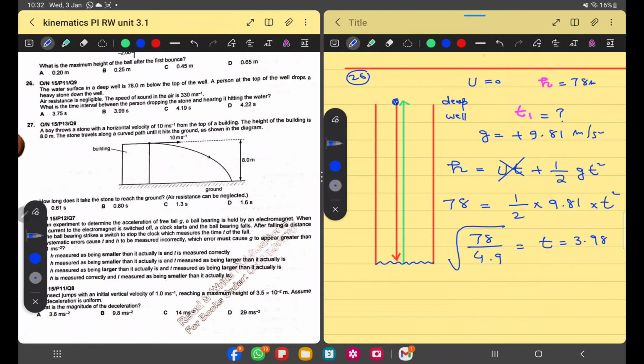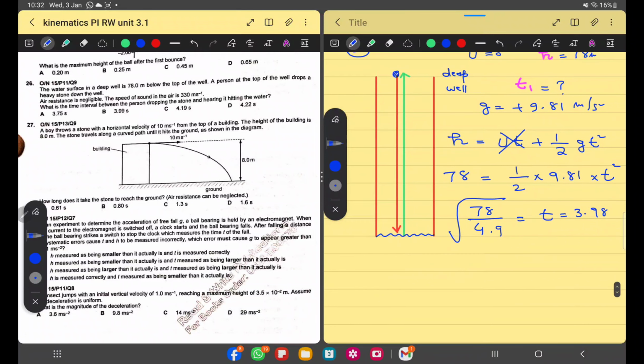For this upward green arrow, I should use distance equals velocity into time, and it is for sound because the speed of sound remains constant. In free fall motion, it is not changed. So distance is 78 meter. The speed of sound is constant. That is why I am using this equation.